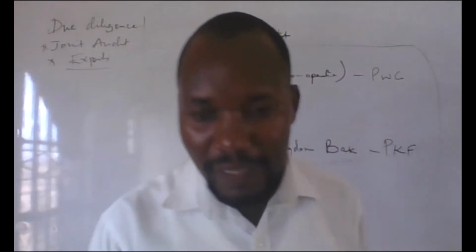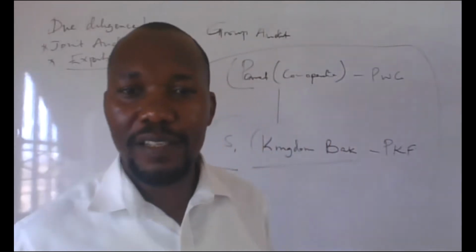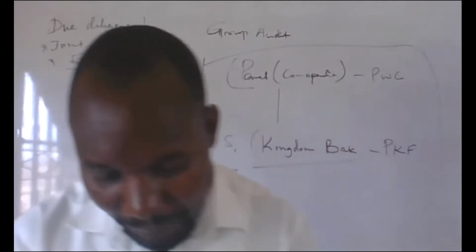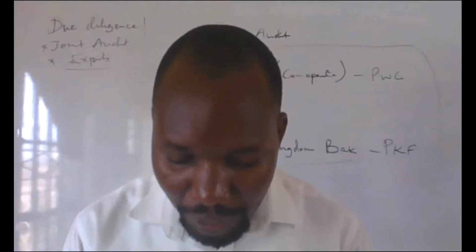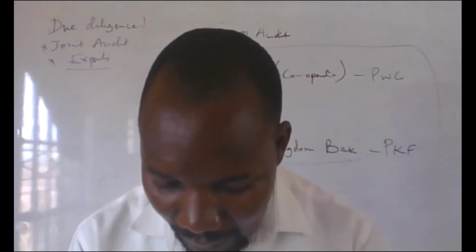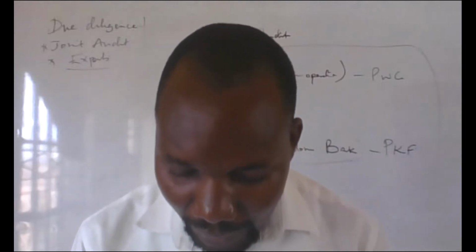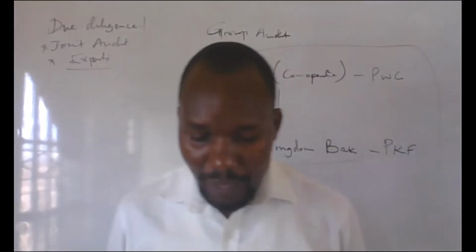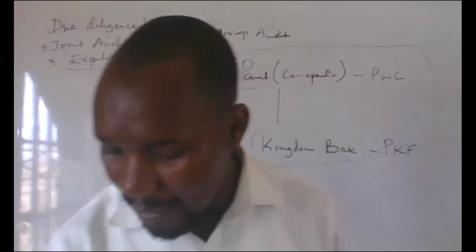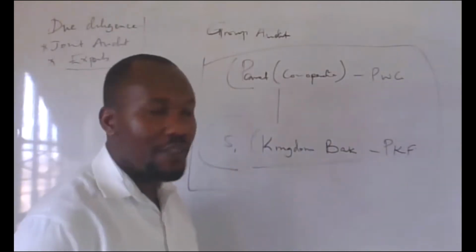So, is there any question about group audit? Is there any past paper question that has been set on the same? Let me look. Okay, there was a question under Intermediate, December 2011, question 3.